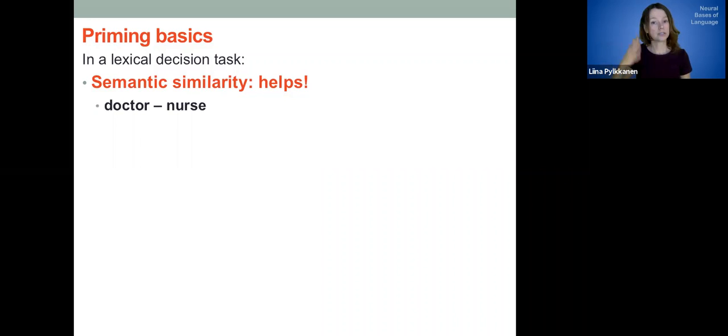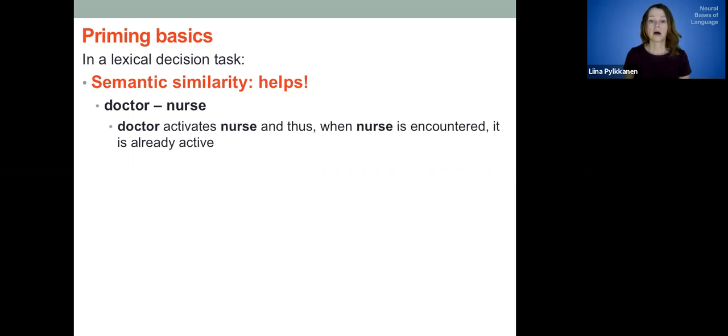If you get doctor and then nurse as the item that you need to press a button on, you say, is this a word or not? The thinking is that doctor activates nurse, spreading activation, and therefore when you get nurse, it's already been a little bit pre-activated by the previous word, and so you're faster.